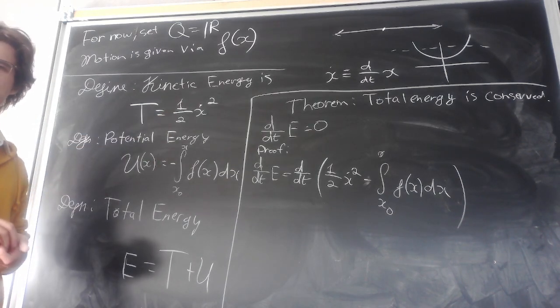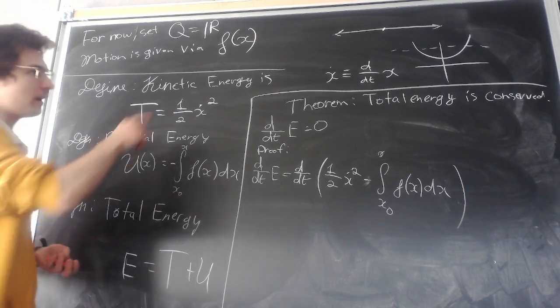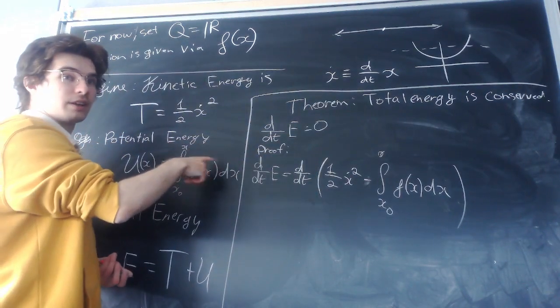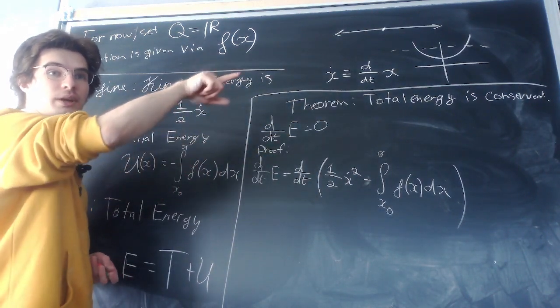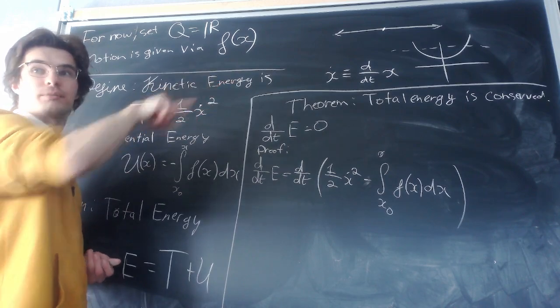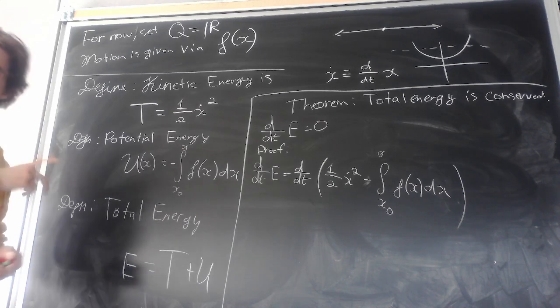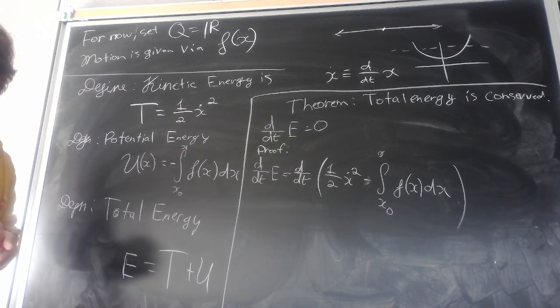Do you agree? So if I'm here and I'm going this way and I'm integrating this quantity f of x dx, this means as I'm going this way, the force is always positive in this direction, and that means the force is pushing me in that direction. Yes? Does that make sense?